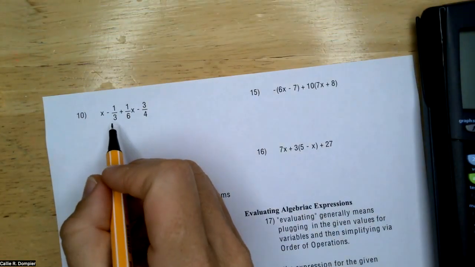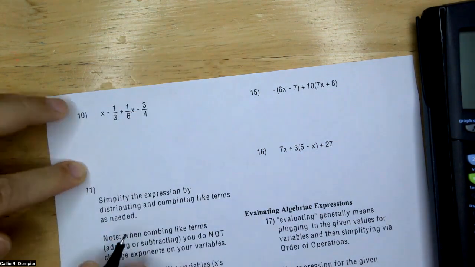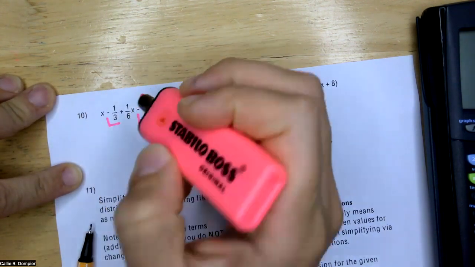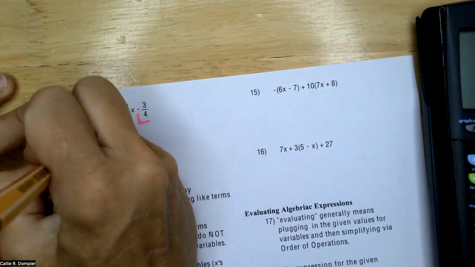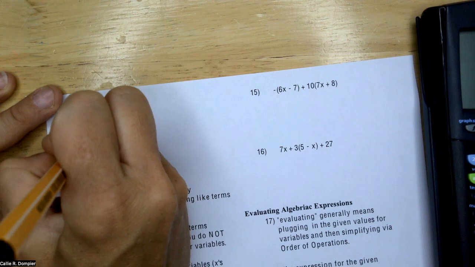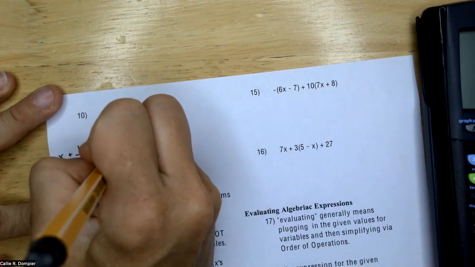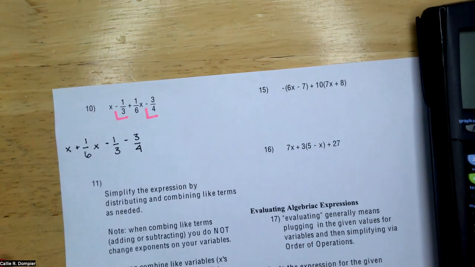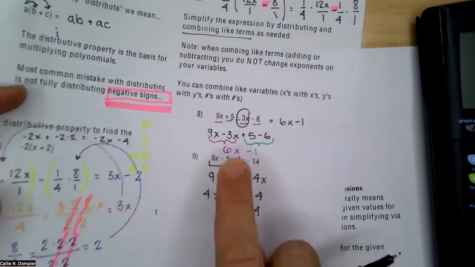Here we have fractions and like terms we are combining. X minus 1/3. So the minus goes with the 1/3. Plus 1/6x minus 3/4. So we have x plus 1/6x minus 1/3 minus 3/4. Okay. Now, how many x's is this? Just like this one was 1. That is 1.